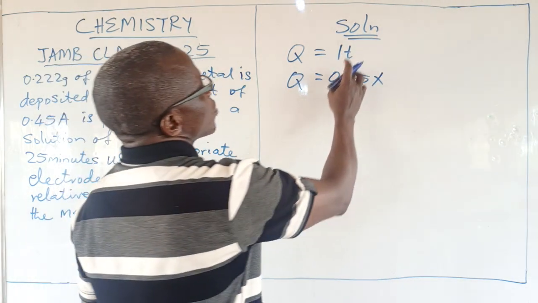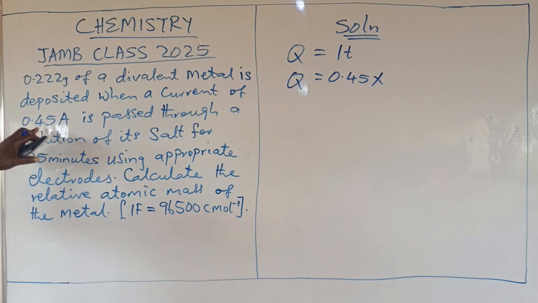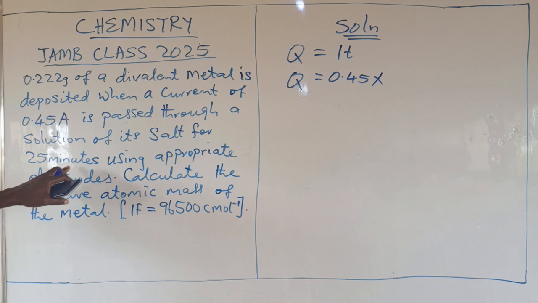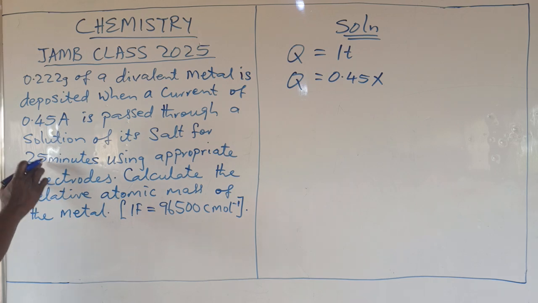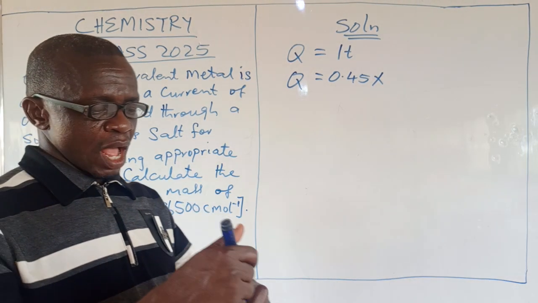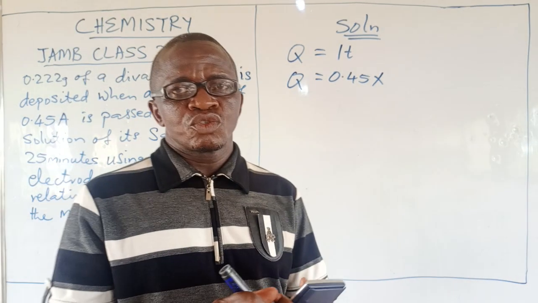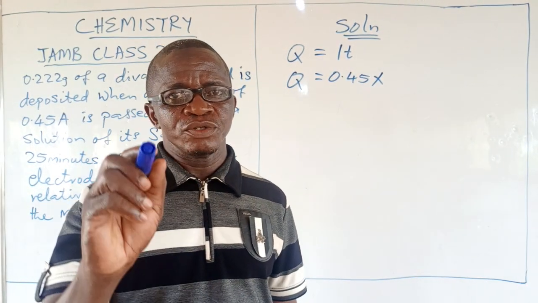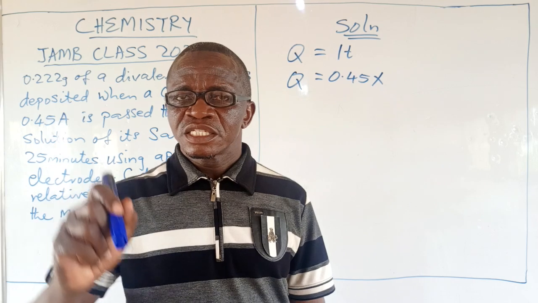So multiply that with the time you have. The time is 25 minutes. This 25 minutes, you must convert to seconds. How do I do that? Multiply it by 60. If you are converting minutes to seconds, multiply the value given by 60.